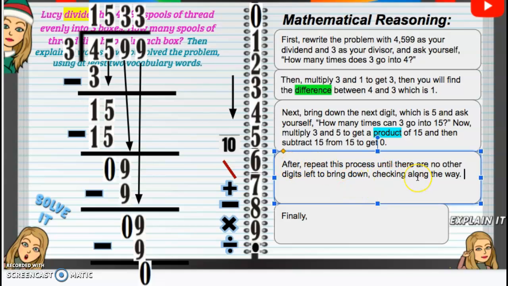So what we've been doing until there's no other digits left to bring down, checking along the way.